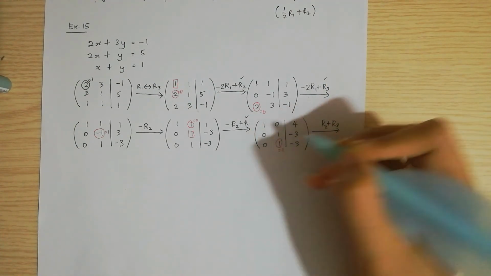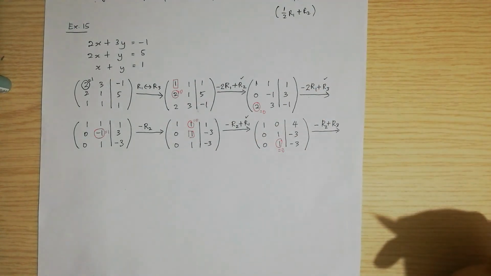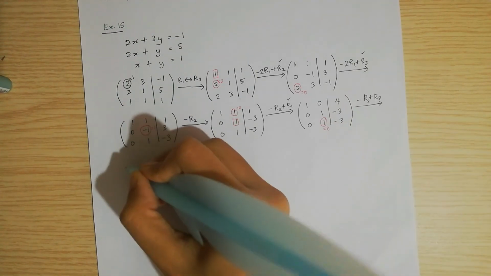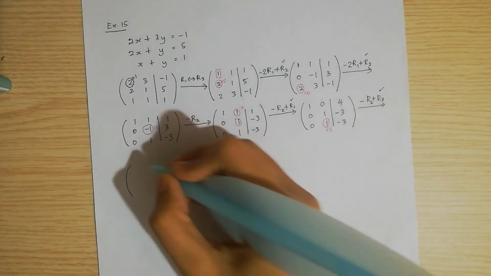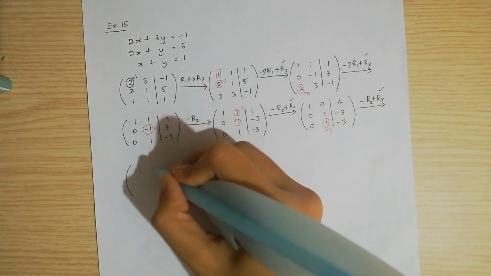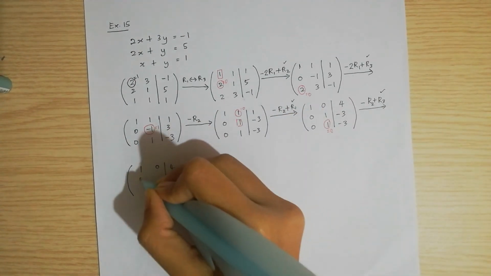Okay, your leading for this one, and it is 1, so you should just multiply by negative 1. So we change row 3. Row 1 and row 2 are still the same, so I will just copy 1, 0, 4, 0, 1, negative 3.